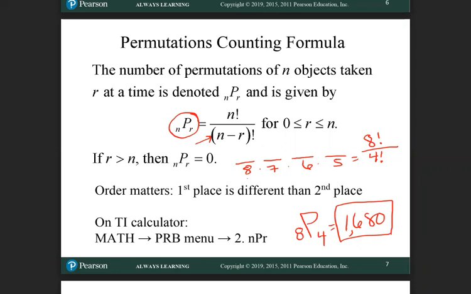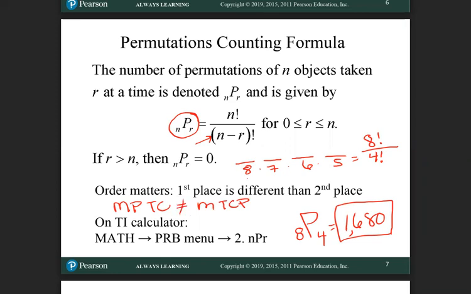Now, what makes this permutation a permutation is that it matters what order they're in. Let's use the word computer again. We'll just keep building off of that last example. If I have MPTC, that's different than MTCP, right? So the order matters. These are 2 different words.